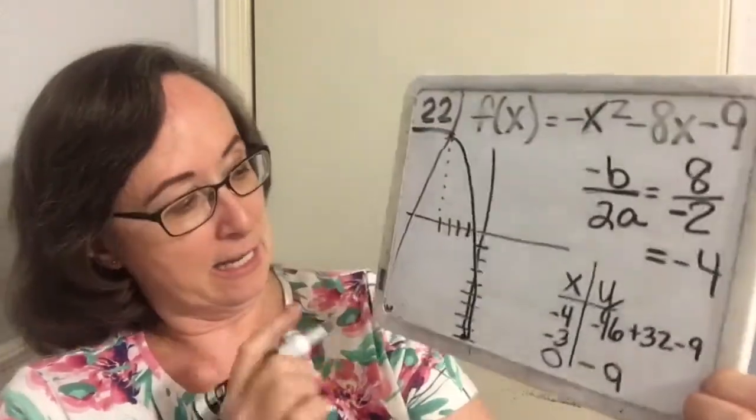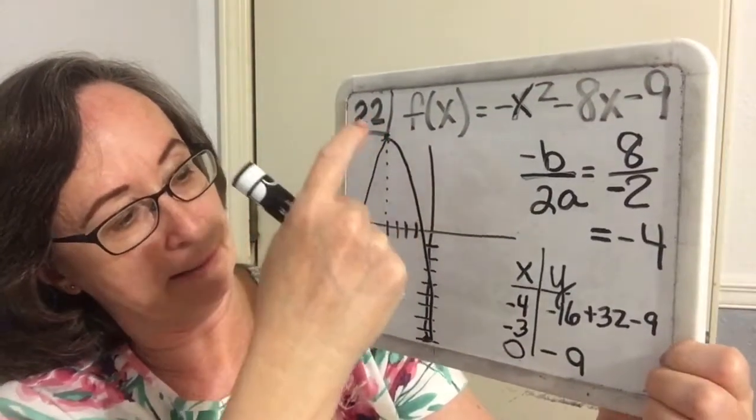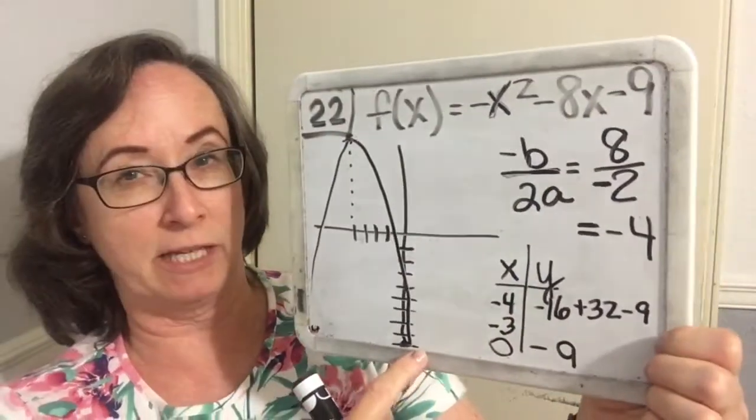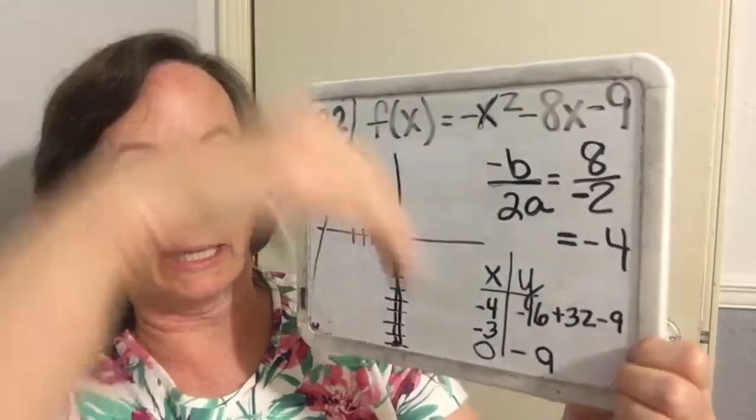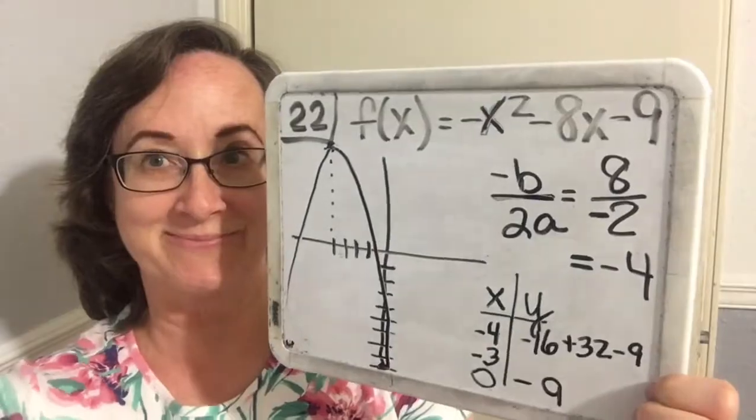So we just say -infinity to -4 and -4 to +infinity for my increasing and decreasing. And that is number 22.